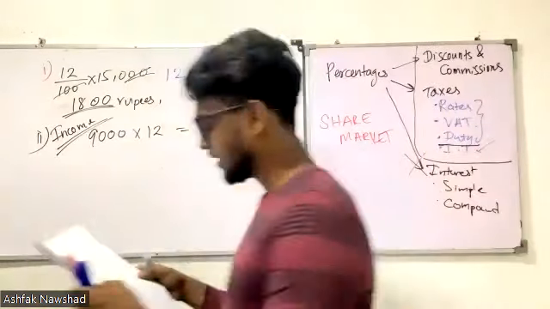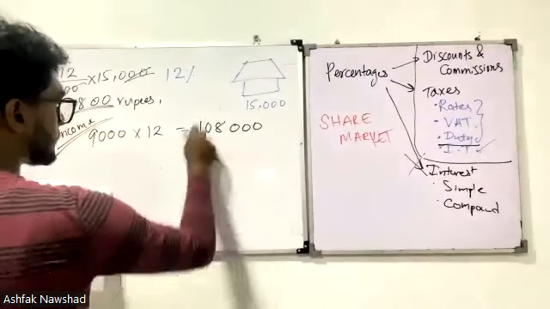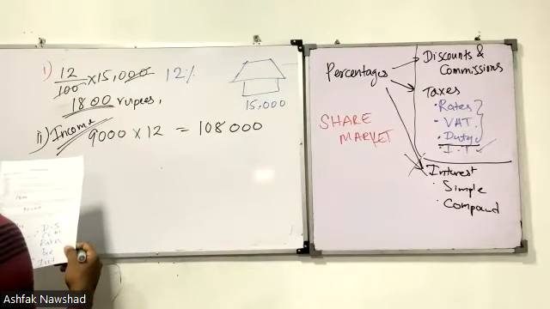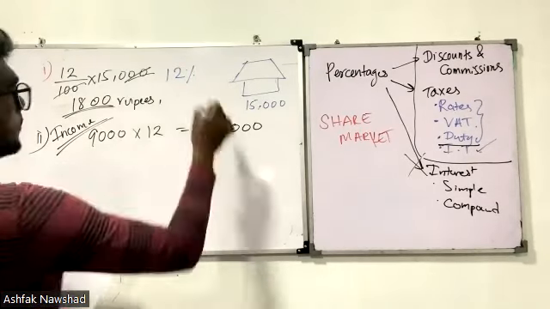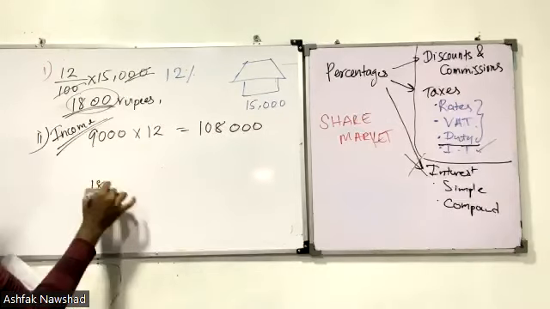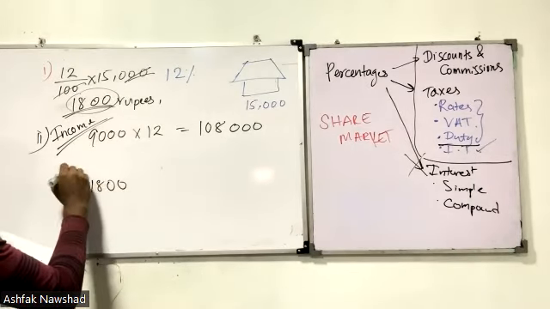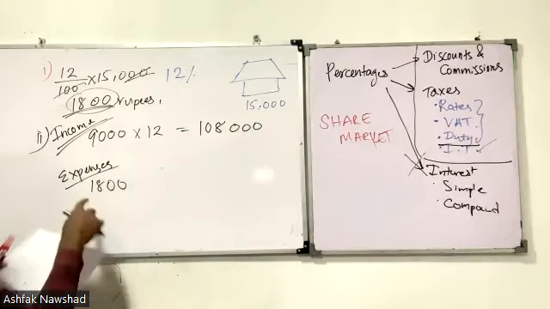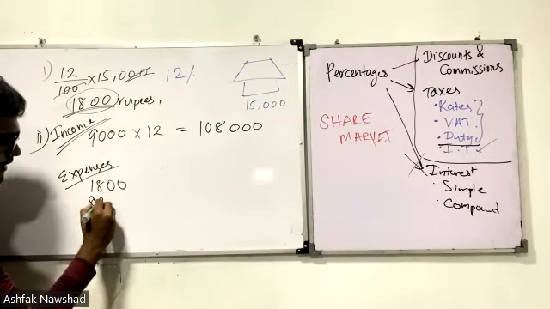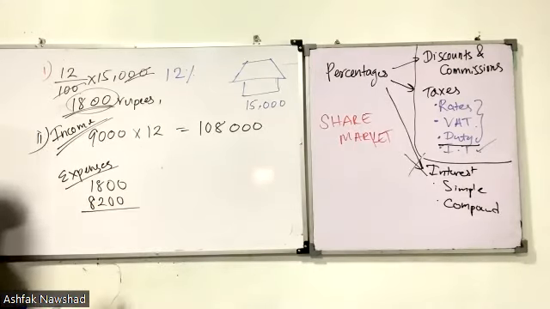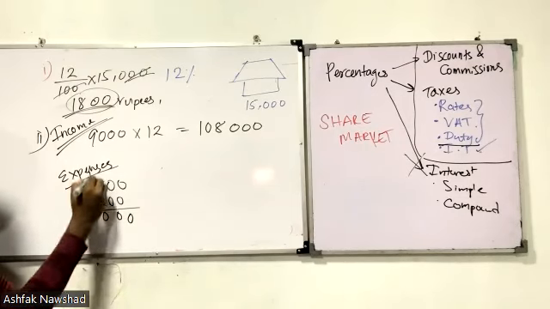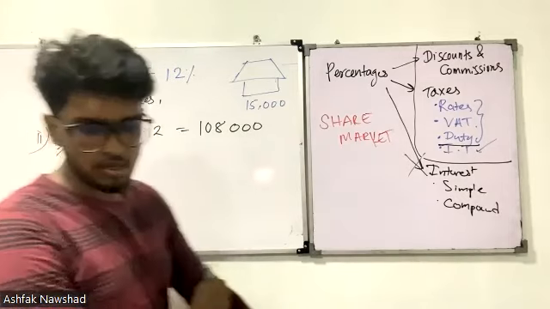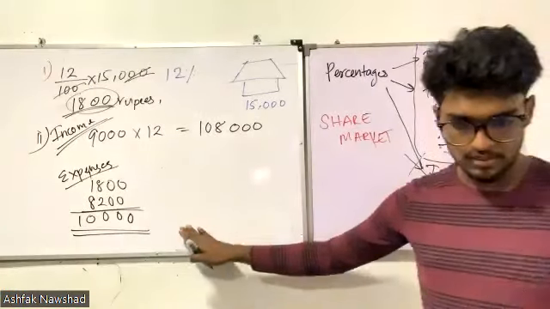They say he receives the total rent as a single payment. Find the amount that remains after Kamal pays the rates. He must pay this amount as rates. This is his expenses. We calculated his income, now his expenses. This is the rate, and for maintenance he spends 8,200. So the total expense would be 10,000, right?